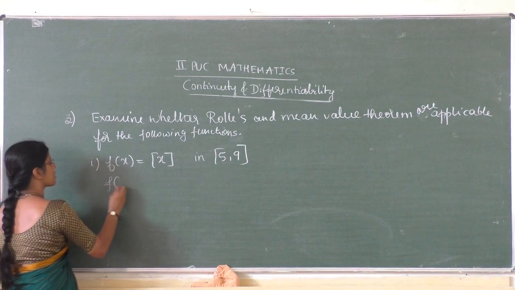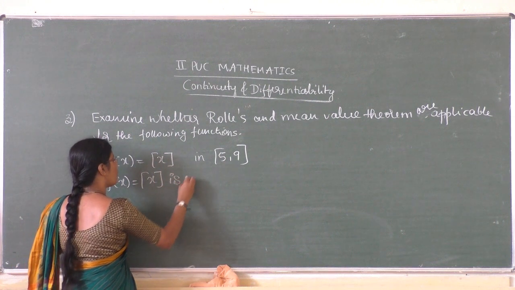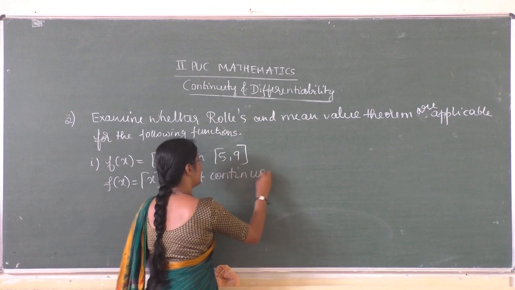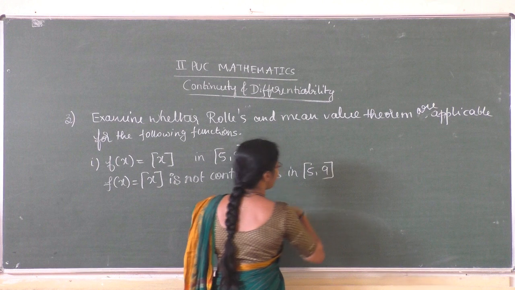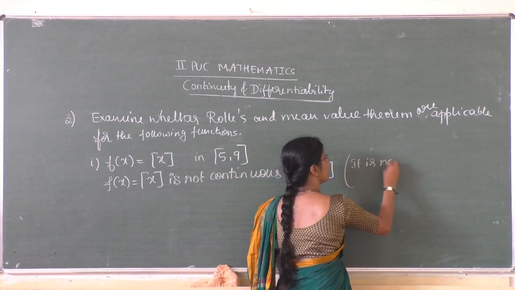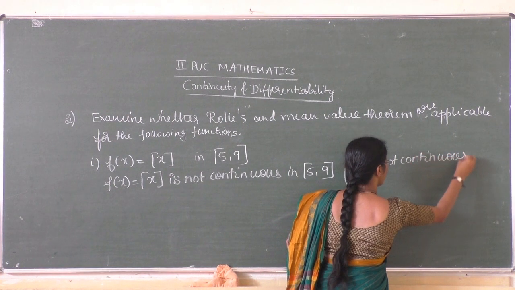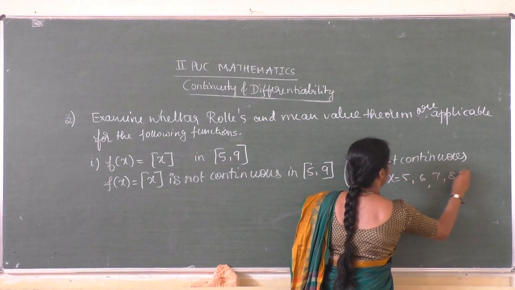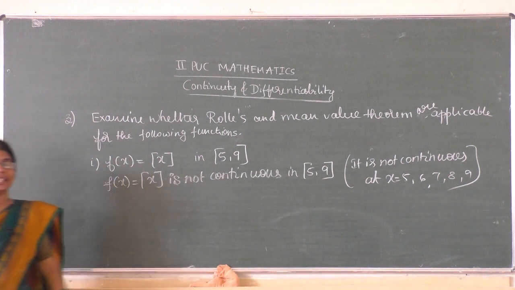f of x equal to greatest integer function is not continuous in closed interval 5, 9, because you know that it is not continuous at x equal to 5, 6, 7, 8, 9. That means at all integral points it is not continuous.